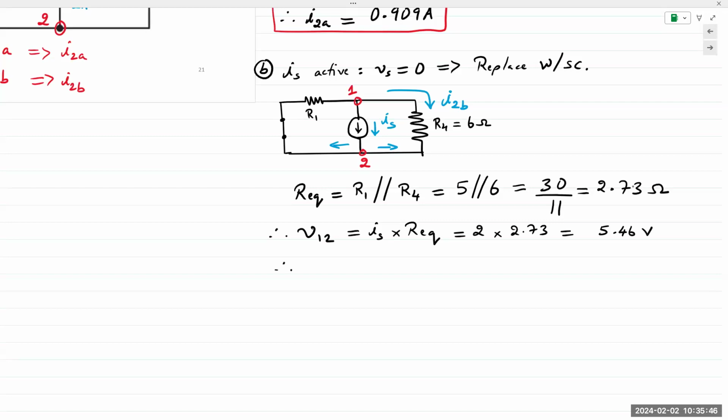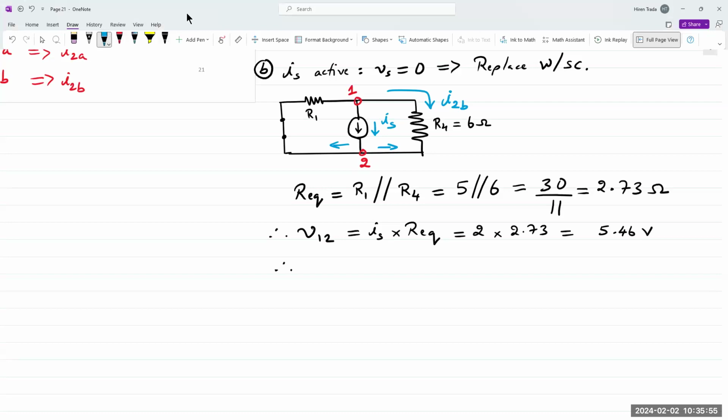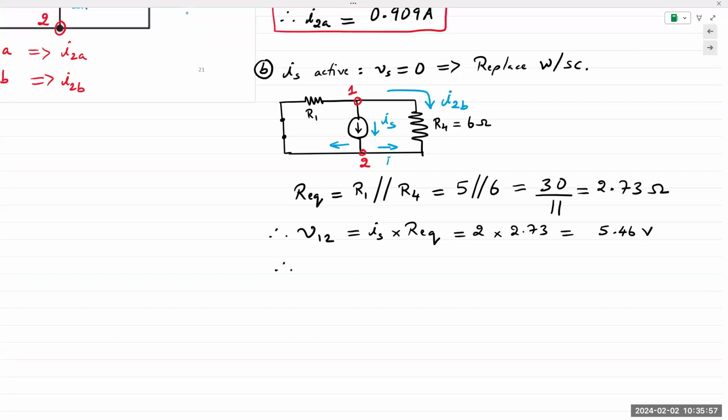And therefore, I can write, let me call this current, because we are dealing with, call this current IR4.